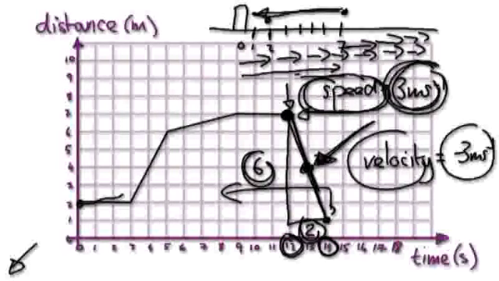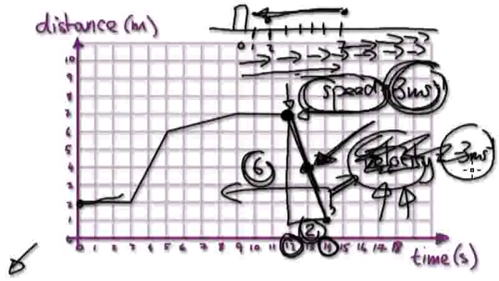Velocity is better, but you can't say, "Oh, you're going at a speed of minus 3 meters per second." It doesn't make sense to have a negative speed. But you can have a velocity of minus 3 meters per second. Well, don't worry about this velocity thing. I will make more videos on velocity. But for the time being, to answer the question, the speed is 3 meters per second.